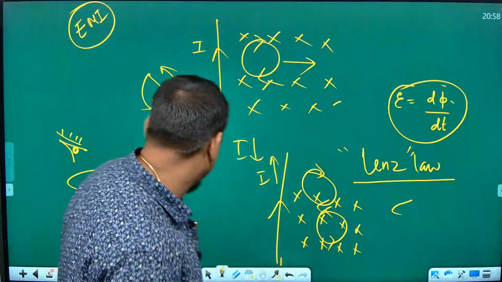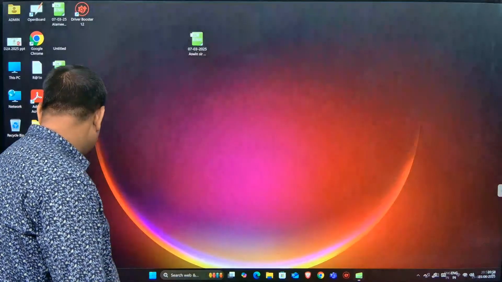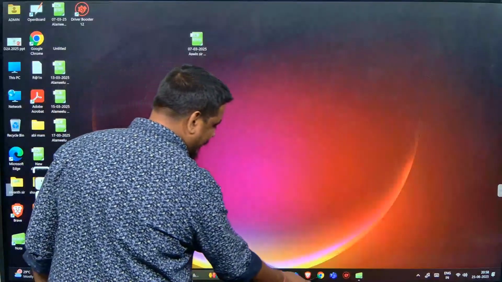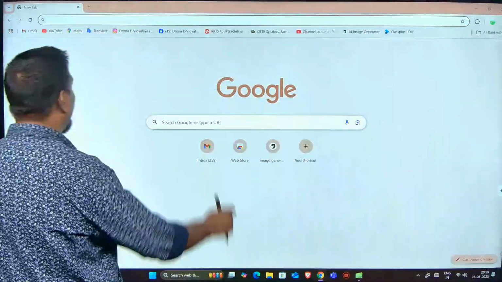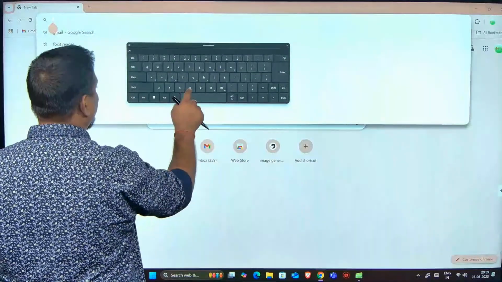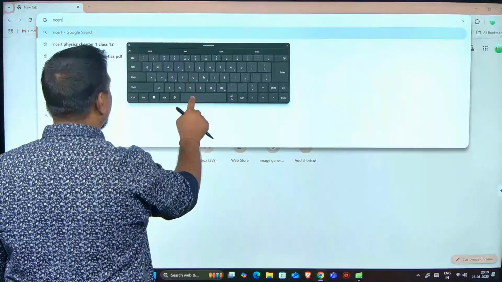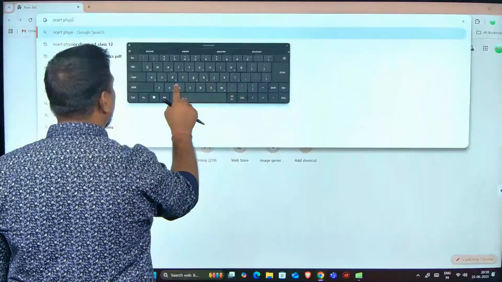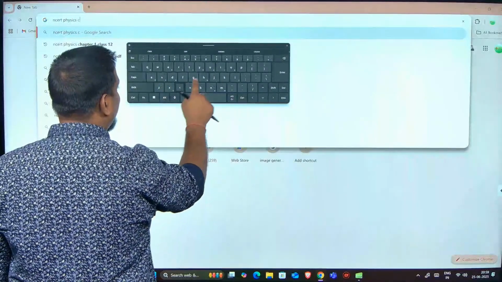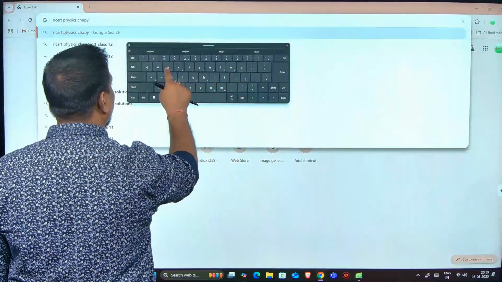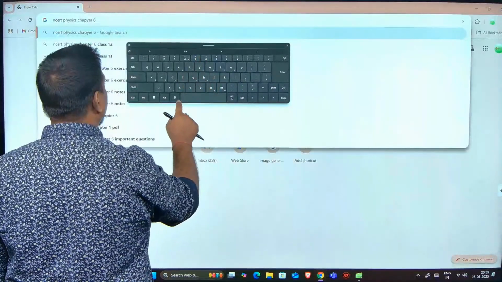I can open it here also. It will take time. Downloading. What should I type? NCERT Physics Chapter 6 PDF.